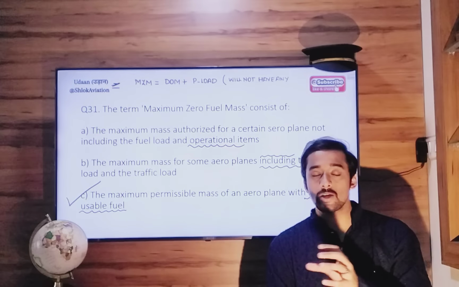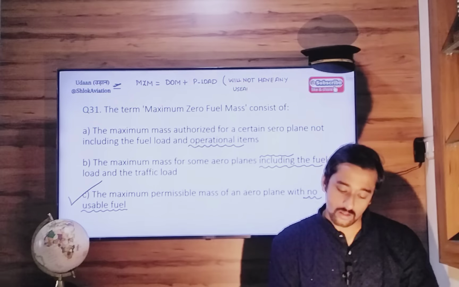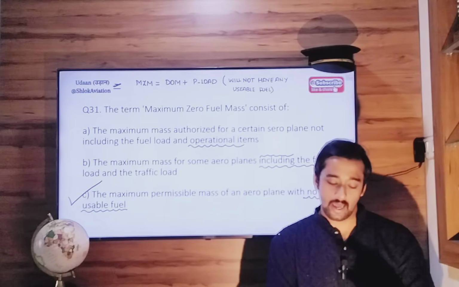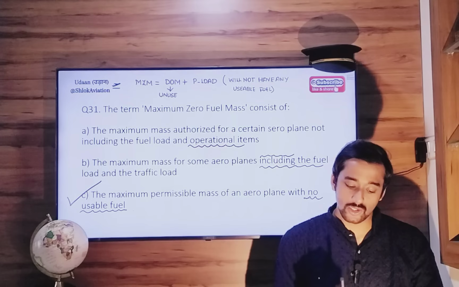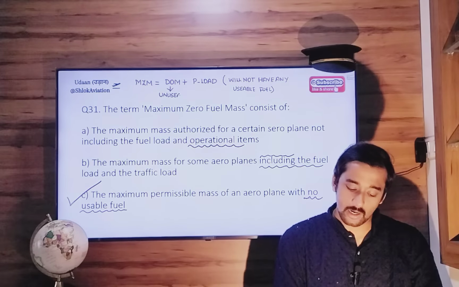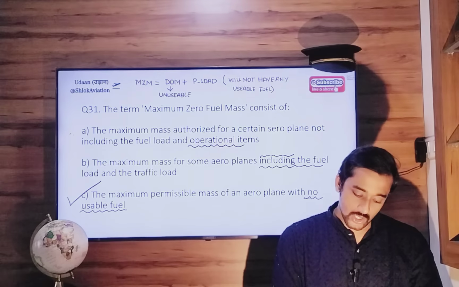The fuel that you are going to use in your flight will not be there, but it does have a fuel called unusable fuel, which is inclusive of DOM. Okay, correction. Unusable fuel is included in DOM, dry operating mass. So option A is wrong.